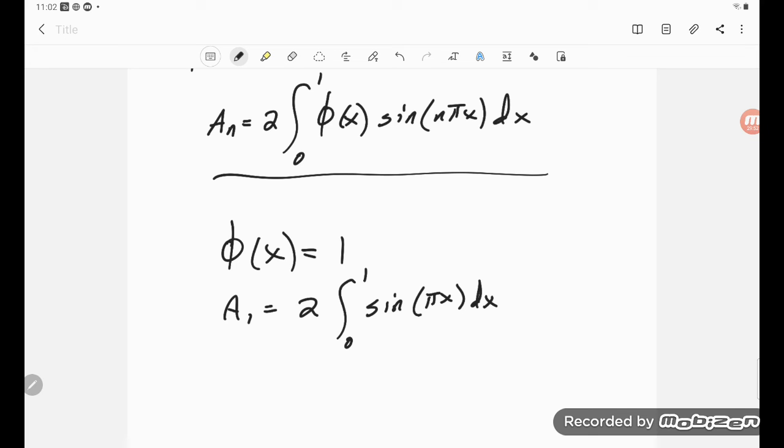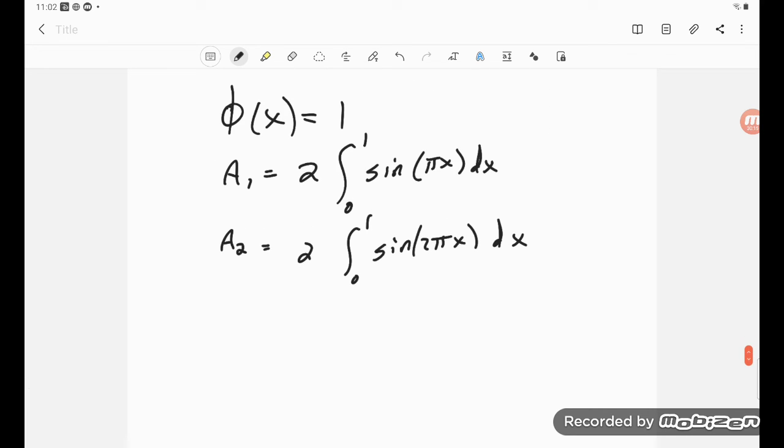Okay, and that's an integration by substitution. Similarly, a sub 2 would be 2 times the integral from 0 to 1 of sine 2 pi x dx, and so forth.